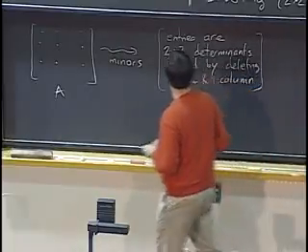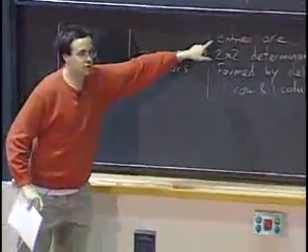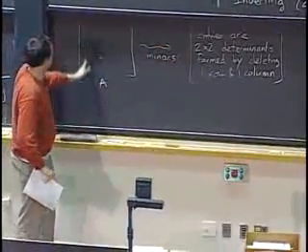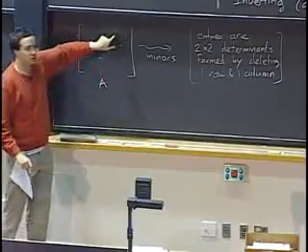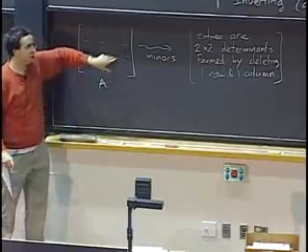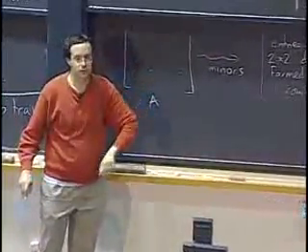Okay, so for example, to get the first minor, in the upper left corner, I would delete the first row, the first column, and I would be left with this 2 by 2 determinant. I take this times that minus this times that, I get a number, and that gives me my first minor. And then same with the others.